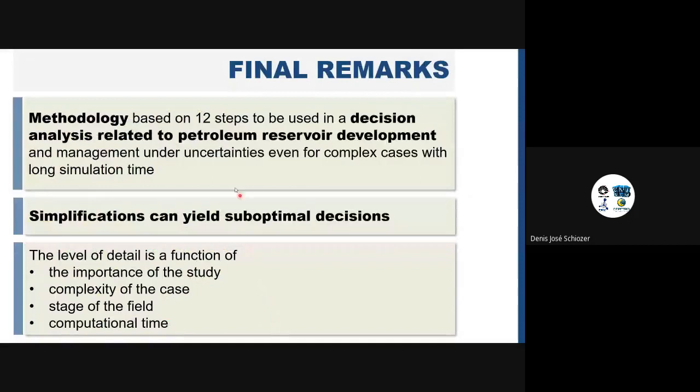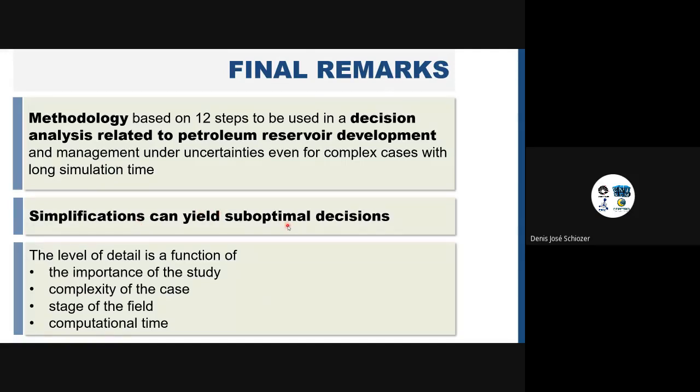The most important thing here is that in the course we are going to learn how to build the simulation models in the green parts, do the data simulation in the red parts, and optimize production in the blue part. We're going to see classes about these topics. Then we're going to show some examples, and we're going to see that if we don't do all this work, normally we have what we call suboptimal decisions.